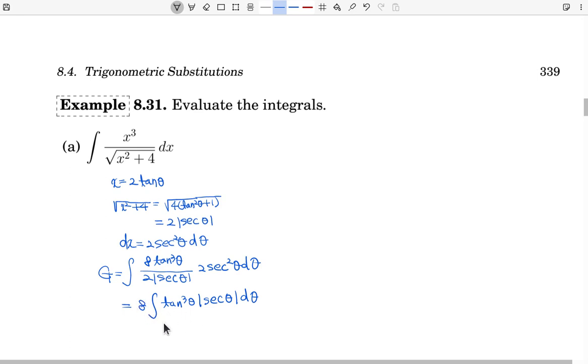Now, for this kind of problem, we may try to use a u substitution with tangent theta, or a u substitution with sec theta. If you try substitution with tangent theta, then you have to set aside sec squared, but we only have 1 sec, so that is impossible.